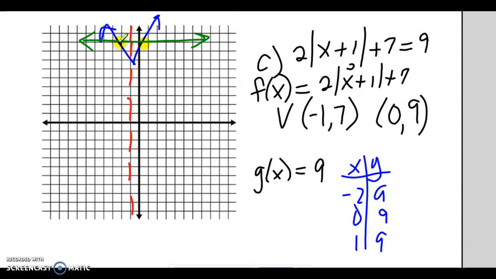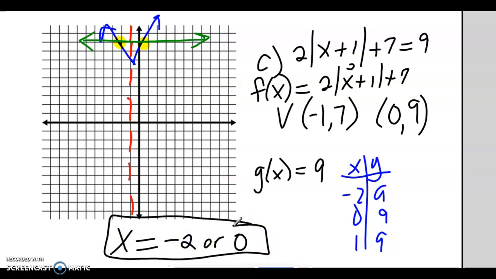Boom, boom. And then what are those x values? That's my solution. And what is the left x value, Corey? Negative 2. What's the right value? 0. And look at number 1 on our Bell work. That was the same problem done algebraically. And what did we get? The same answers. There we go.